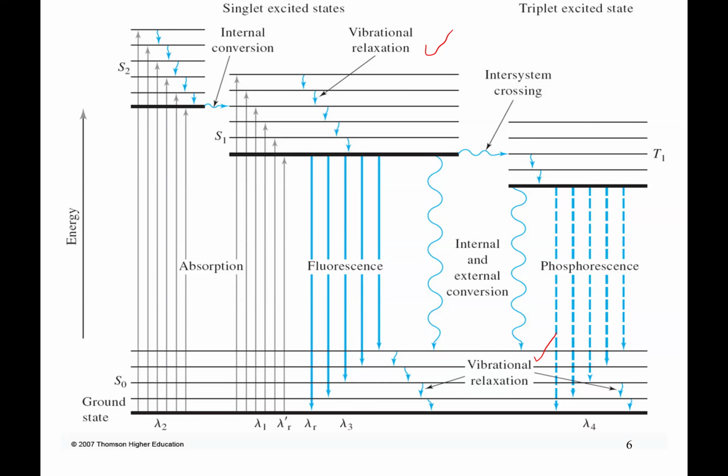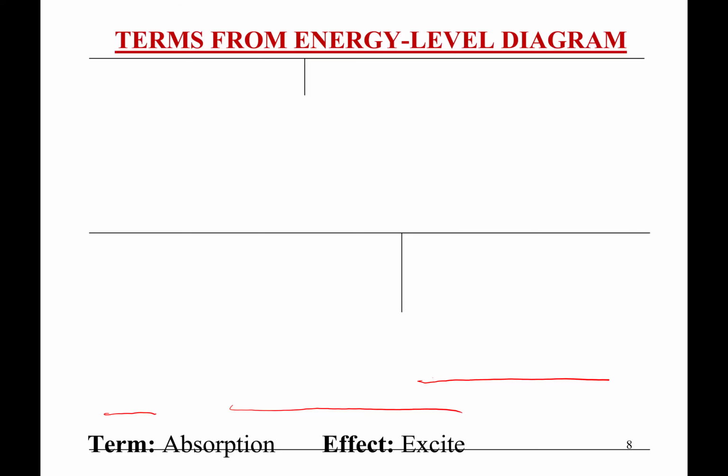You have internal conversion when the singlet states overlap, right? You can see here from a triplet state to a singlet state, or from a singlet excited state to a singlet ground state. So that is internal conversion, and we have external conversion here as well.